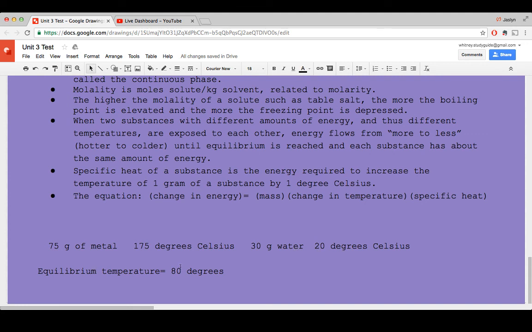And the equilibrium temperature is 80 degrees. So go ahead and try to find that. The way you find that is finding how much energy was received by the water, and you assume that this is the same amount of energy that the metal gave. And you just plug in the amount of heat, mass, and temperature change, and solve for the specific heat.